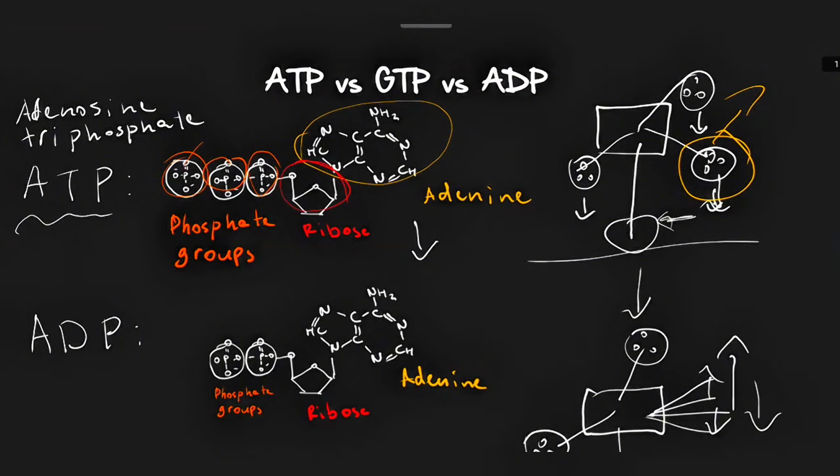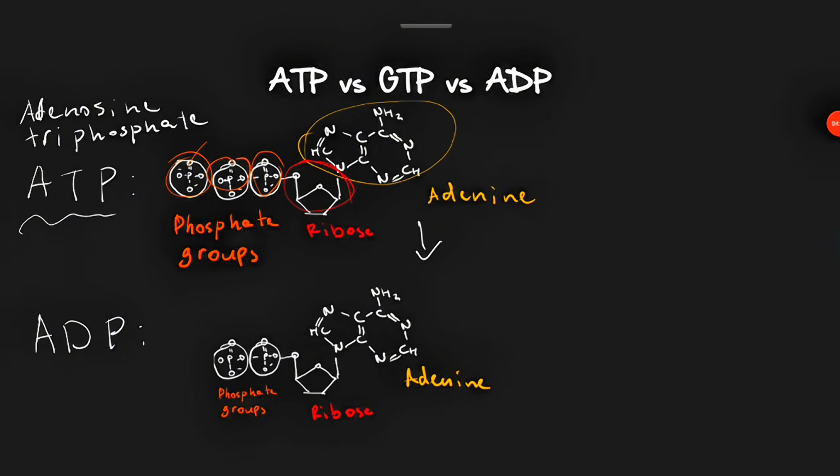I want you to imagine these balls as phosphate groups, P and P, and they have a lot of energy. Now I'll explain the chemical background, what's going on. I said that ATP is high energy, right?